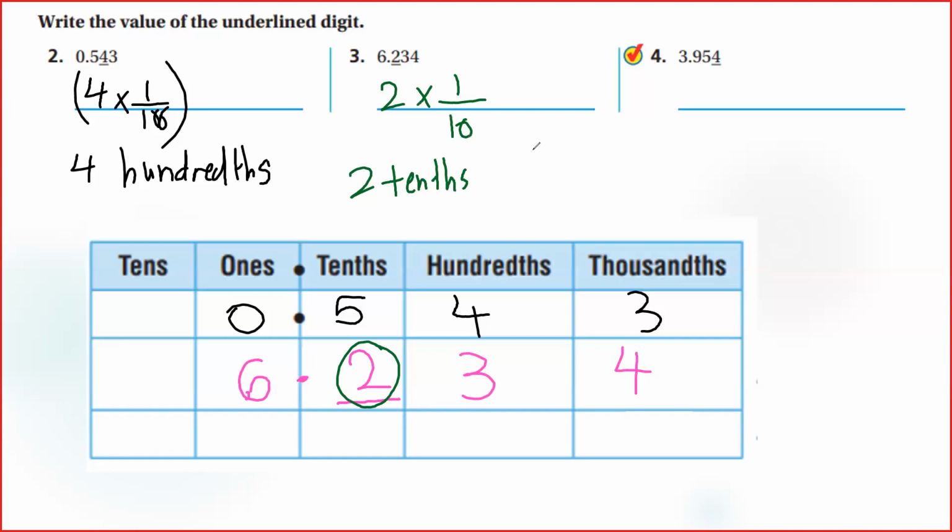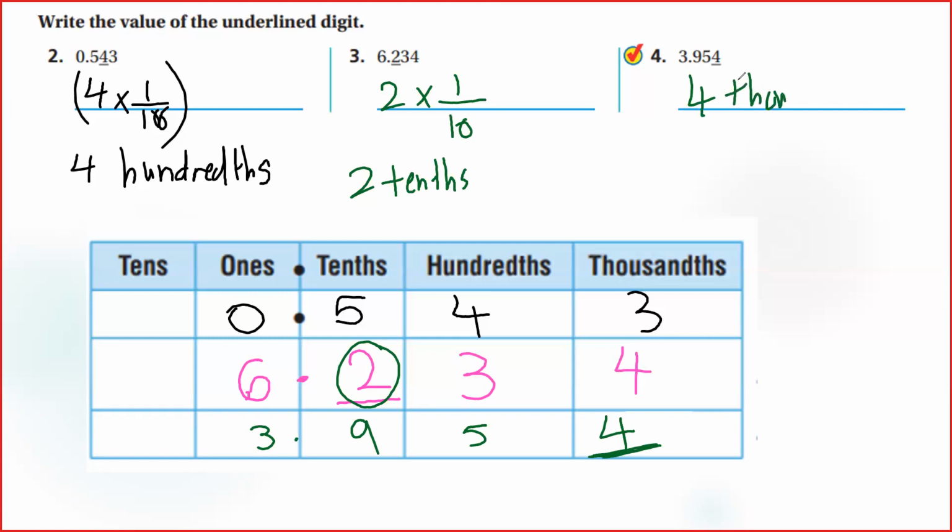Now, number 4. Haneen. Yes, Haneen. Here, 3.954. 3 and 954. What's the value of 4? 4 thousandths. Bravo.